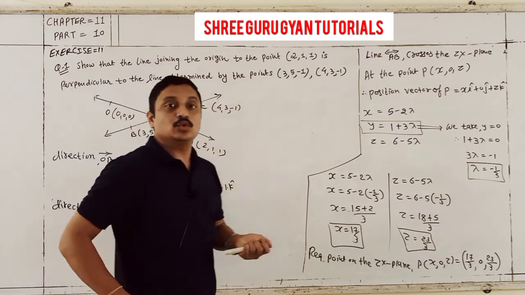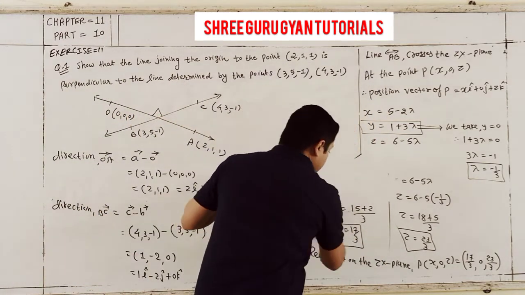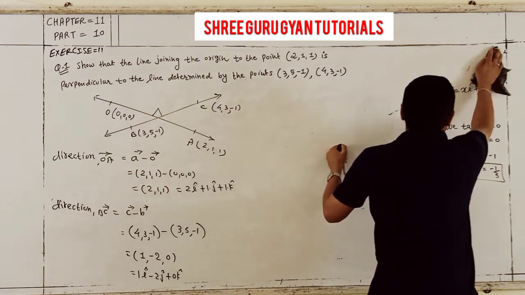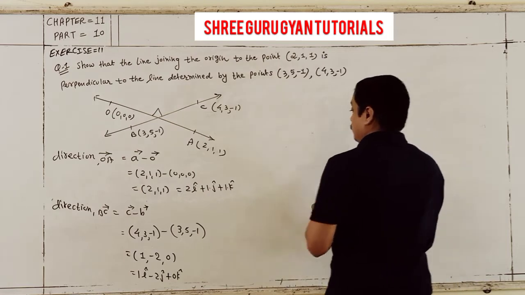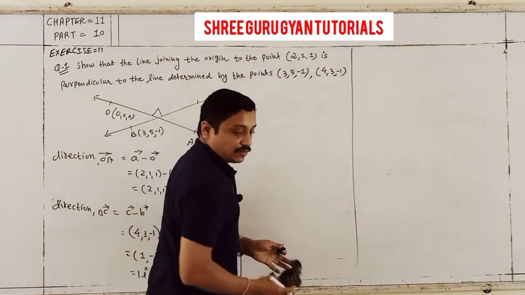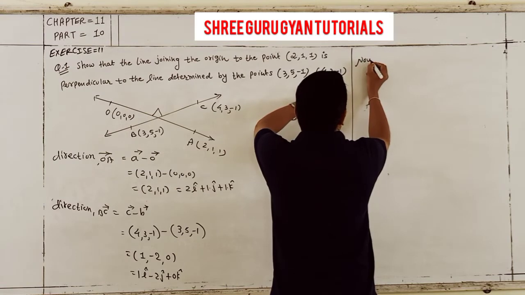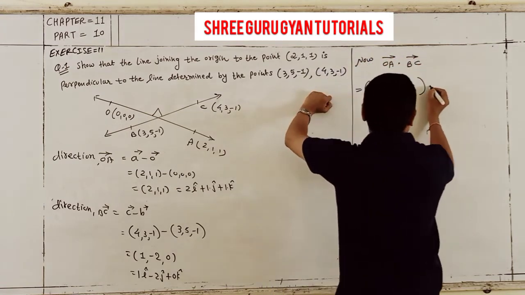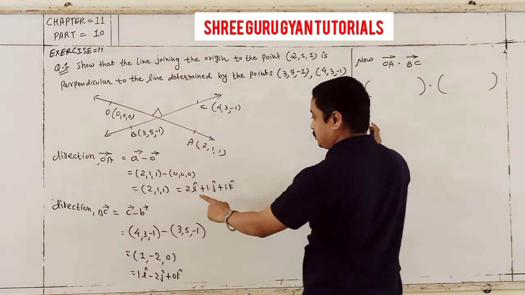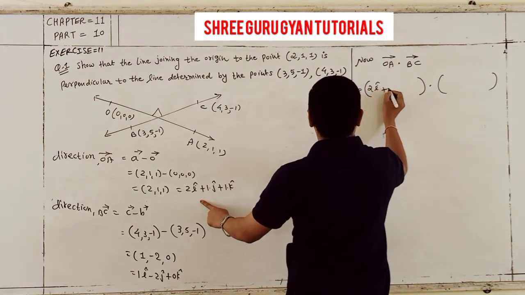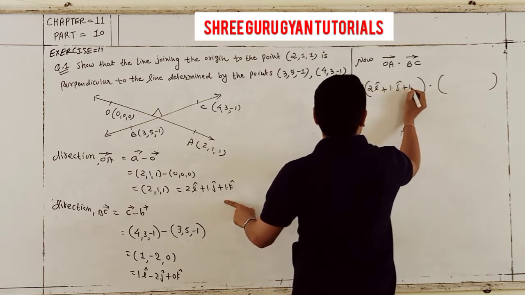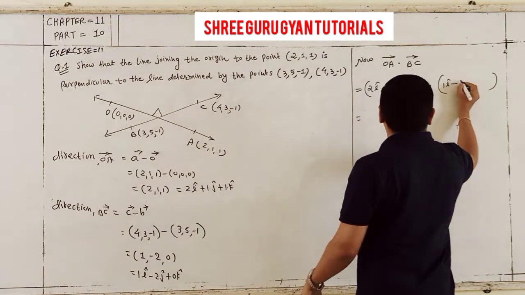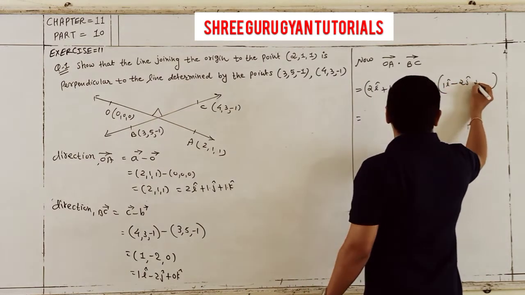Now I will prove that the dot product is 0. I mean I will prove they are perpendicular to each other. It's very easy. Only I will show here the directions of both, dotted. So the direction of O to A dot the direction of B to C: 2i plus 1j plus 1k, and BC is 1i minus 2j plus 0k.